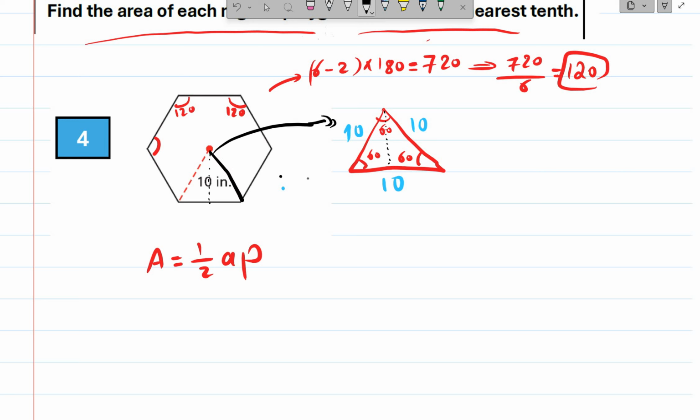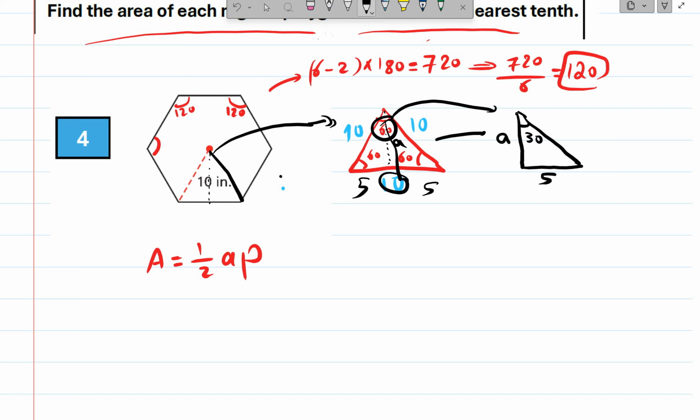If you draw a line, we get a right angle triangle, correct? This line, we can say, is A, the apothem. And this 10, when you bisect in the middle, becomes 5 and 5. And this angle how much? 30, because it was 60, bisected to 30 and 30.